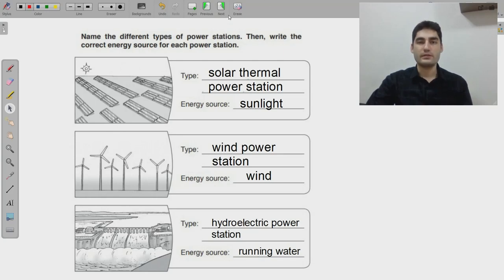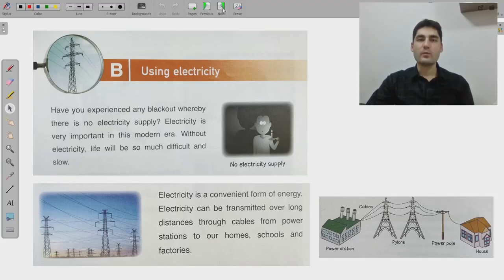Let's get started. This week we are going to learn about how we use electricity in our daily life. So let's read. Have you experienced any blackout whereby there is no electricity supply?